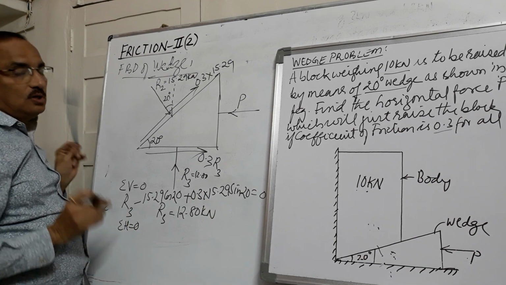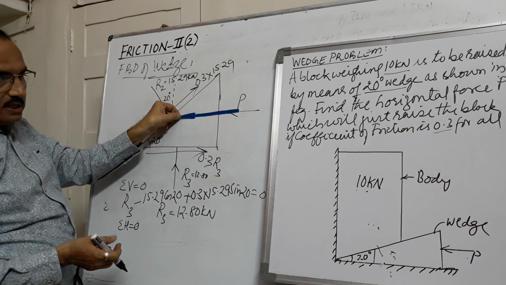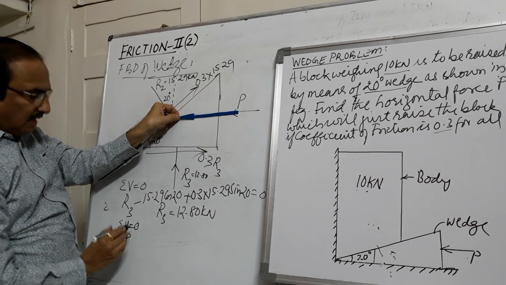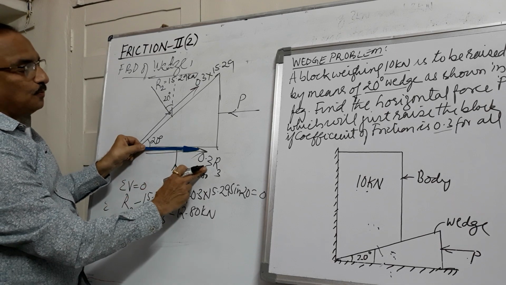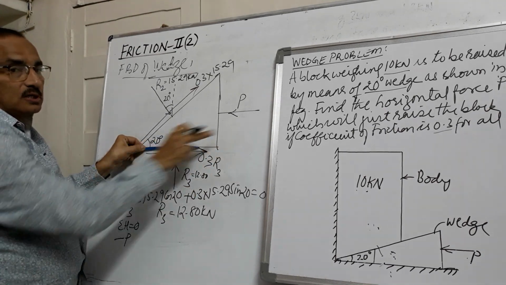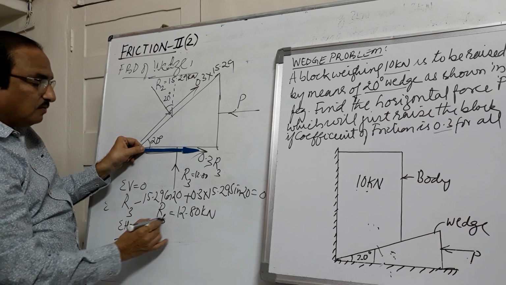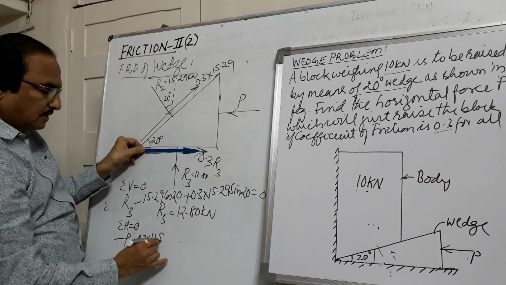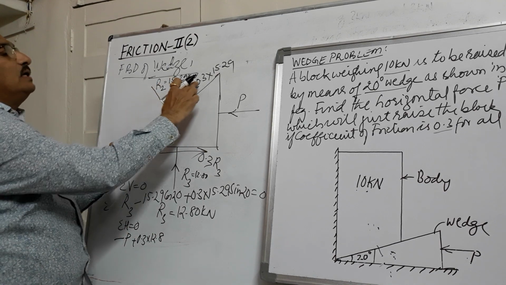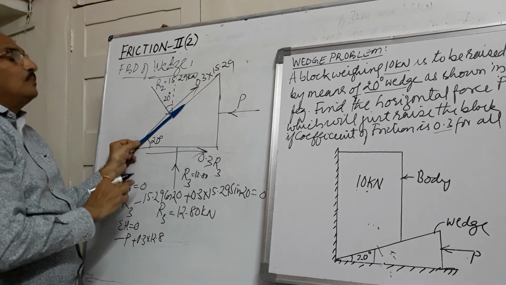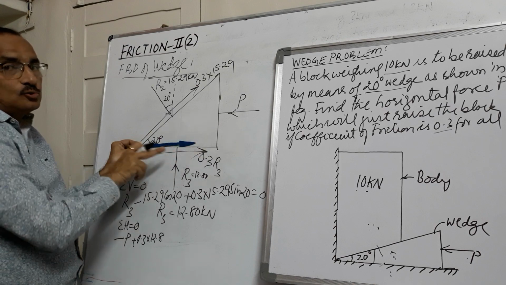Now we will resolve the forces horizontally. Sigma H is equal to 0. If you resolve the forces horizontally, this P is acting horizontally towards left, so left is minus P. Now this force 0.3 R3 is acting horizontally towards right, so this will be 0.3 into, we know the value of R3 is 12.8. Now coming to this force 0.3 into 15.29, if I resolve it horizontally, it is going along the angle, towards right.